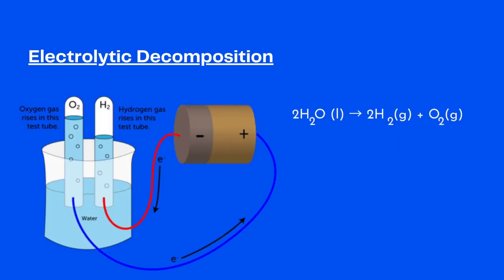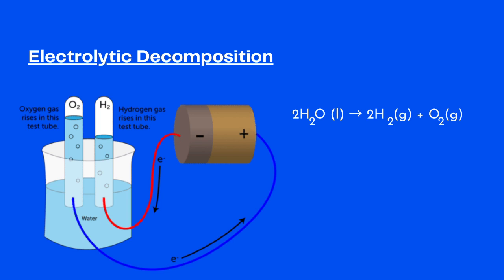Next reaction is electrolytic decomposition. In this reaction we take 2 test tubes filled with water and then immerse them in a beaker full of the same water, and then to one test tube we connect the anode and to the other we connect the cathode of a 6-volt battery. In these test tubes you see gases will be formed.